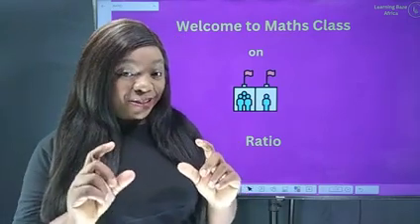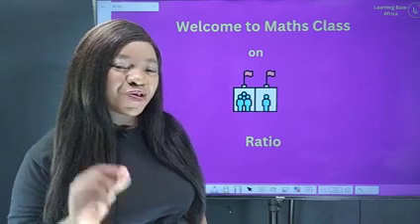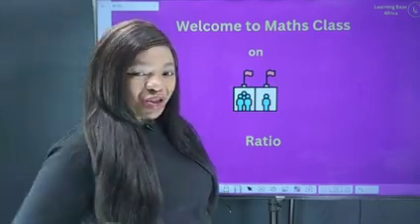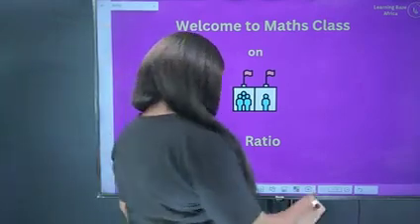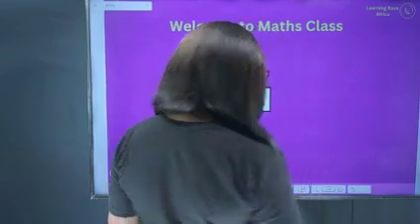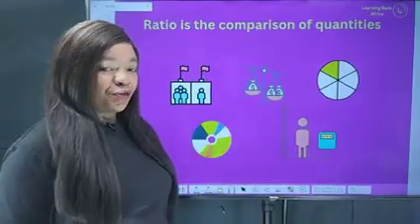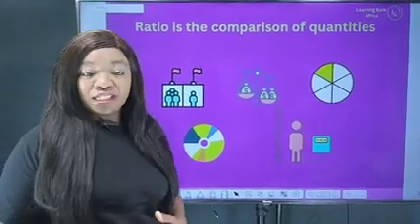Now, what is ratio? Ratio is the comparison of quantities. And what type of quantities can you compare? Just think about that for 2 seconds. You can share different quantities. You can share the number of persons.